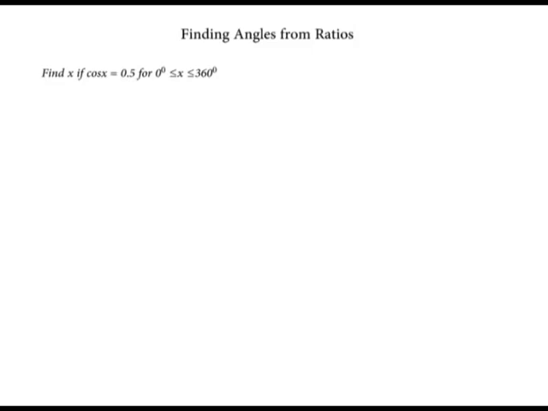We first find the acute angle whose cosine is 0.5. The cos inverse of cos x is x. The cos inverse of 0.5 is 60 degrees. The ratio 0.5 was positive, and we know in the unit circle cosine is positive in the first and the fourth quadrants. In the first quadrant, the angle is 60 degrees. What of the fourth quadrant? We find the reflex angle whose acute angle equivalent is 60 degrees.